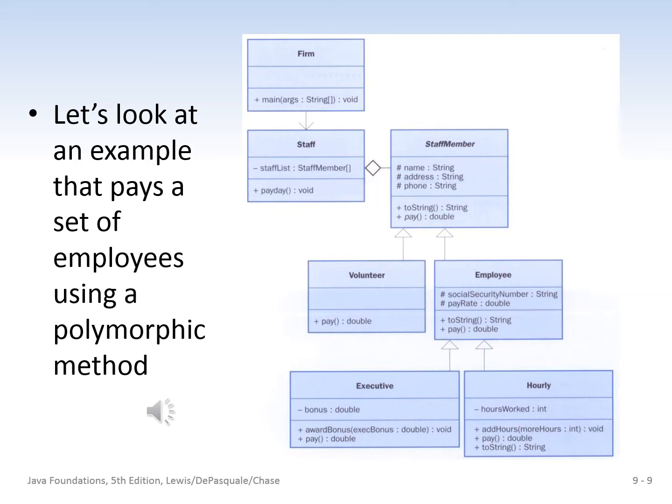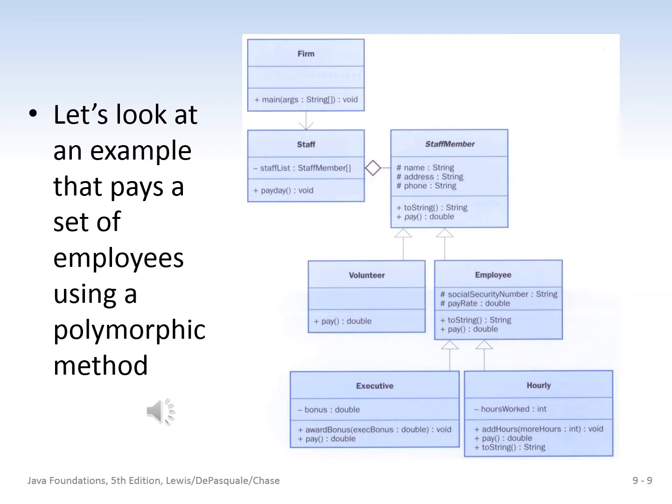It's an array of objects, and StaffMember has child classes: Volunteer, Employee, Executive, or Hourly. Executive and Hourly are children of Employee, and Employee is a child of StaffMember, and Volunteer is a child of StaffMember.